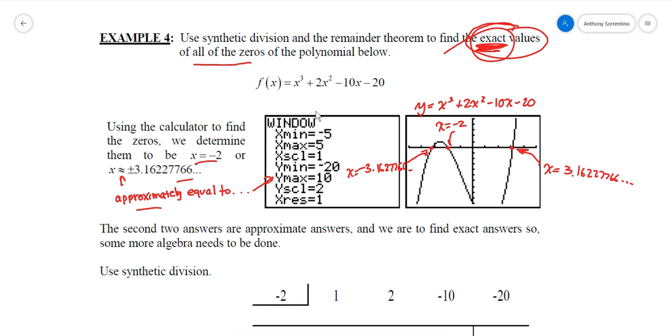And the only way I'm going to be able to do that is to break this down and try to solve this situation. So I am solving a situation where this is set equal to 0. I know from this that x equals negative 2 is a 0, which implies that x minus negative 2, which of course is the same thing as x plus 2, is a factor.